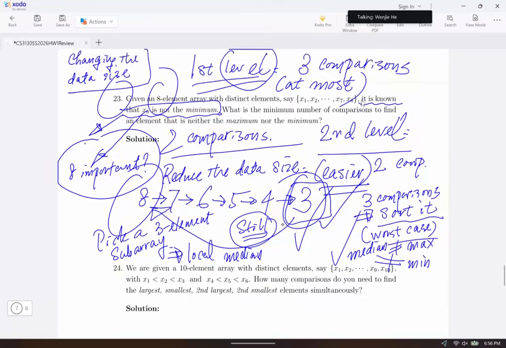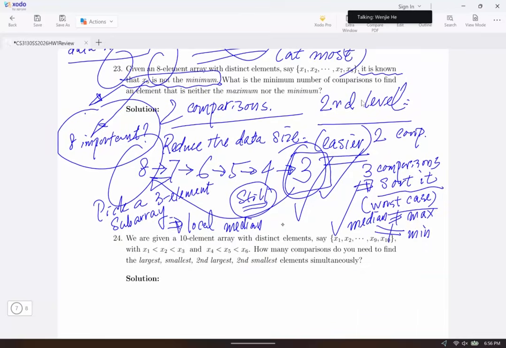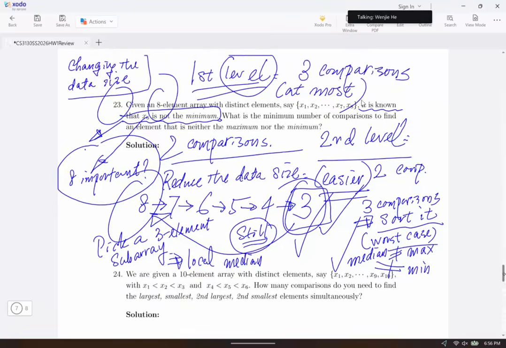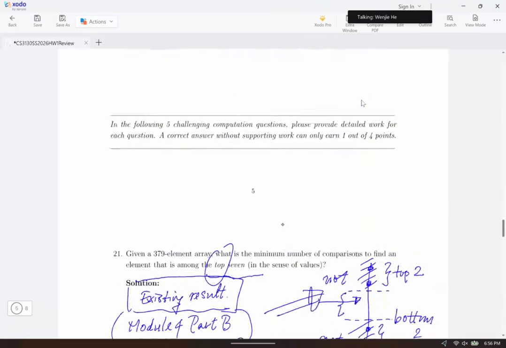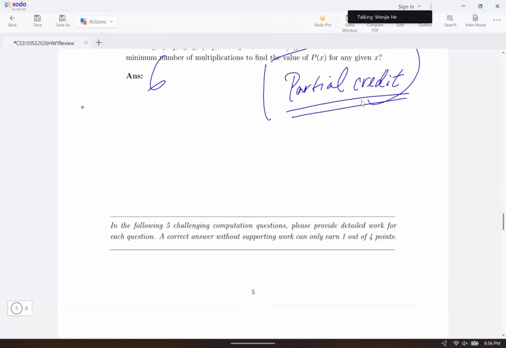Second level. I need more space. The space is not enough. Later, if I run out of space, I just borrow some other empty space. Let me complete this one first.